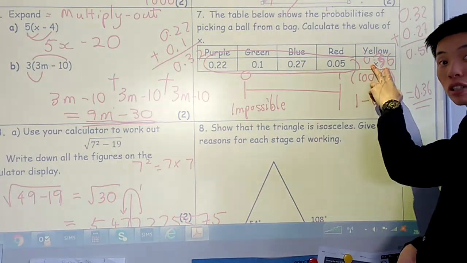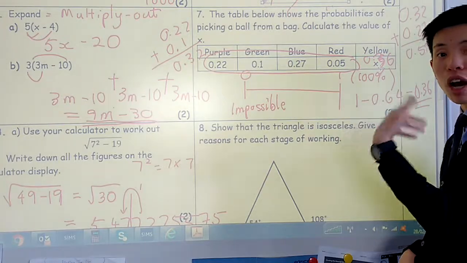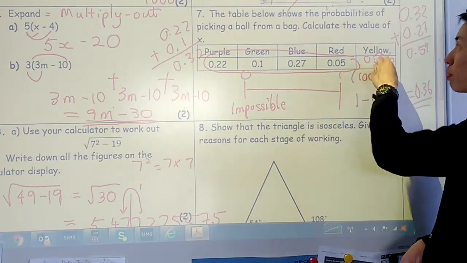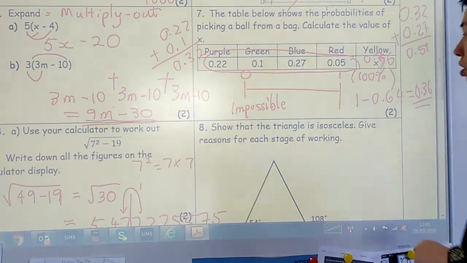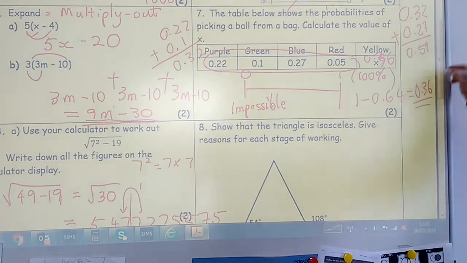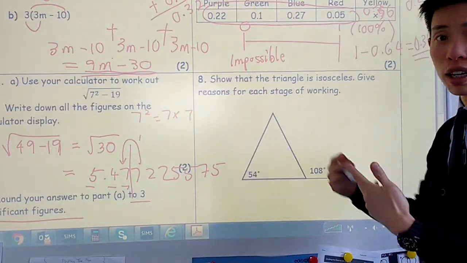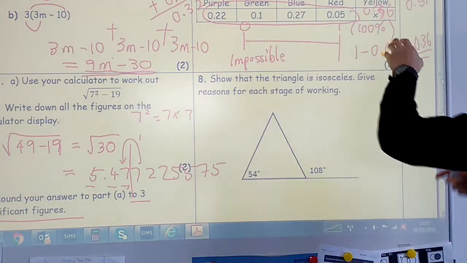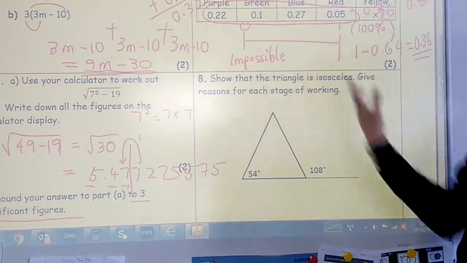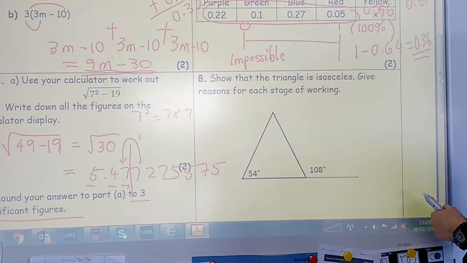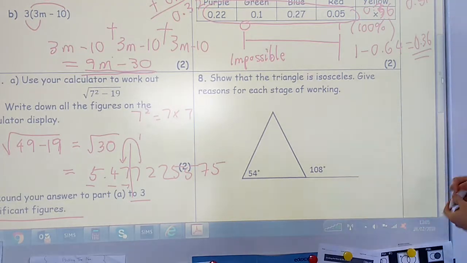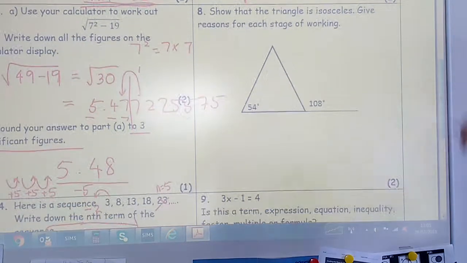It's the highest chance of picking a yellow. So that's something to do as a habit, that you must look at the answers and then think about what this answer means. Okay. Number 8.